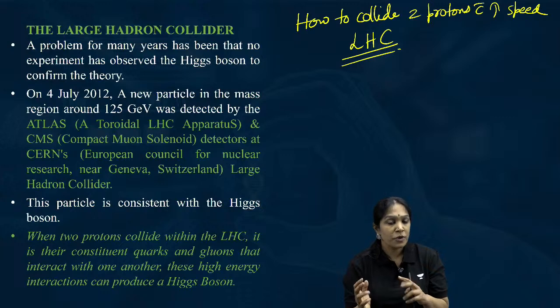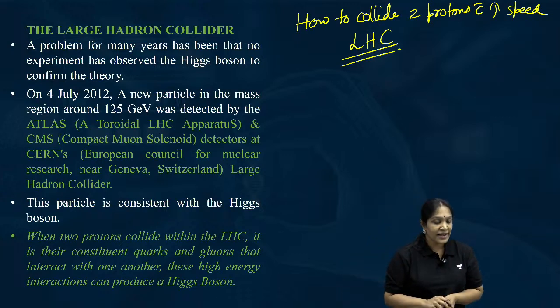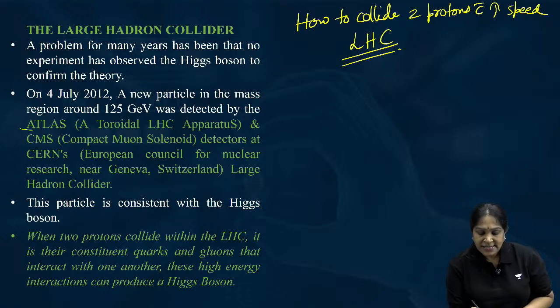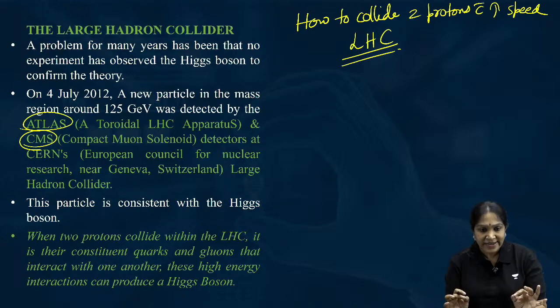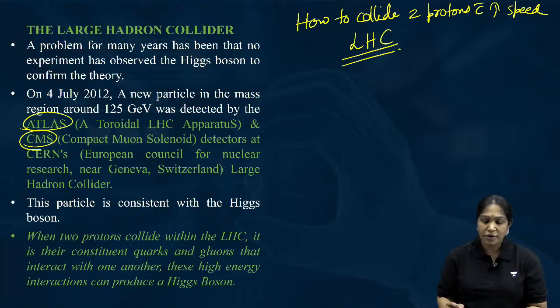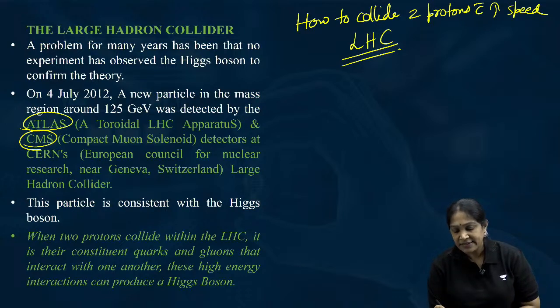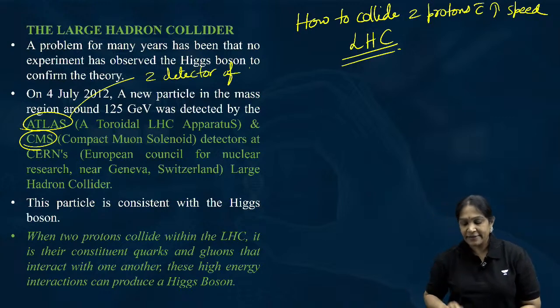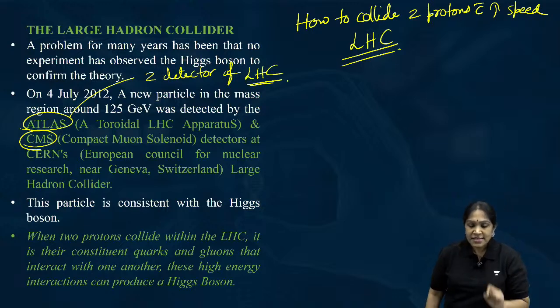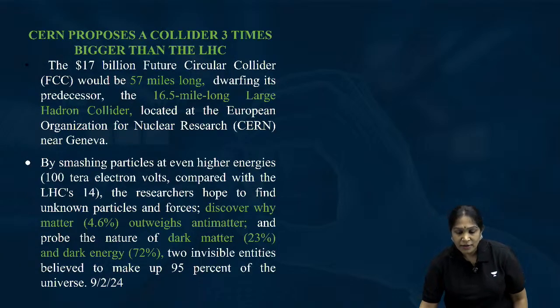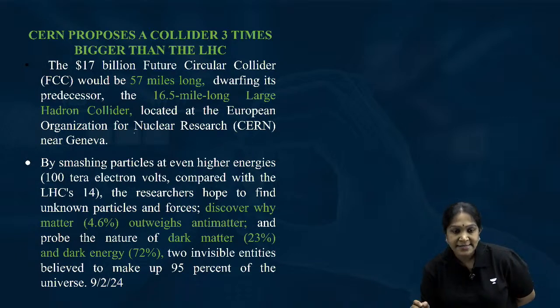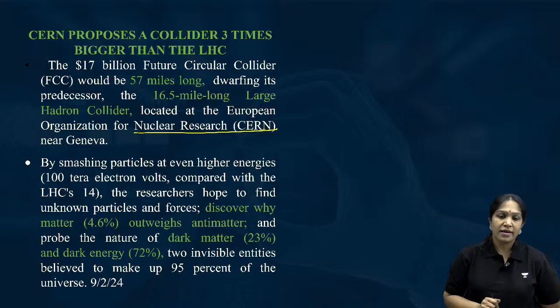How to collide two protons? Using the Large Hadron Collider. ATLAS and CMS are the two detectors of the Large Hadron Collider. Where is it located? It is located at the nuclear research center CERN in Geneva. Is it clear?